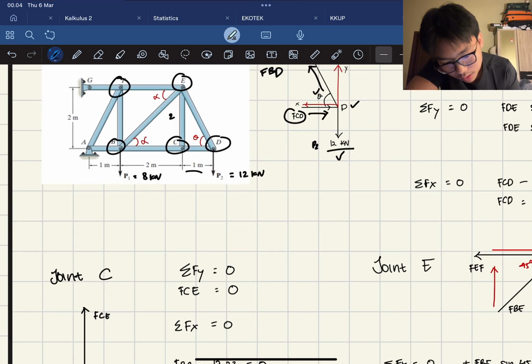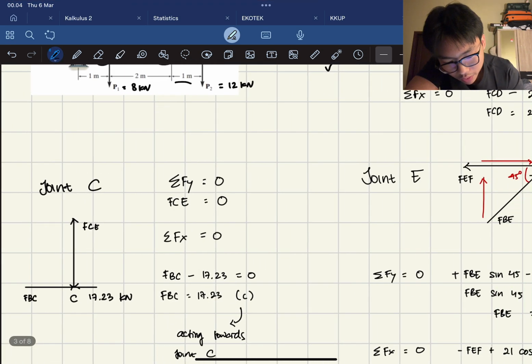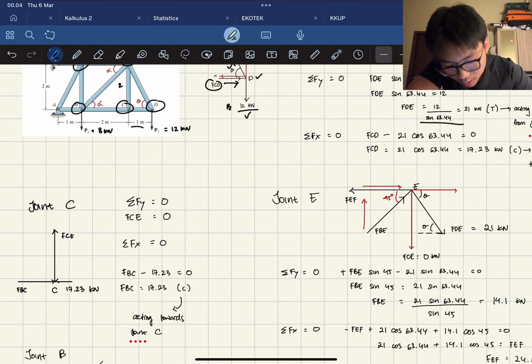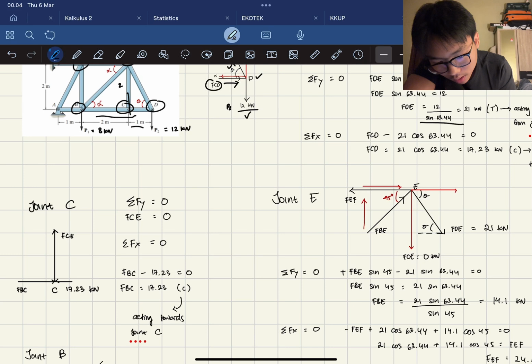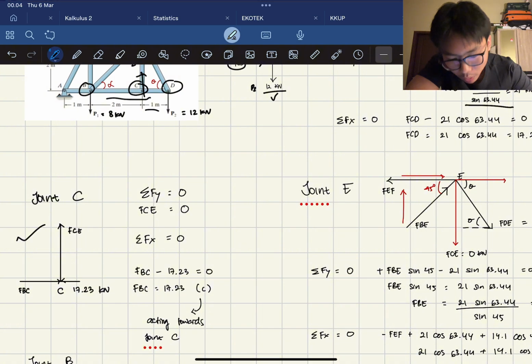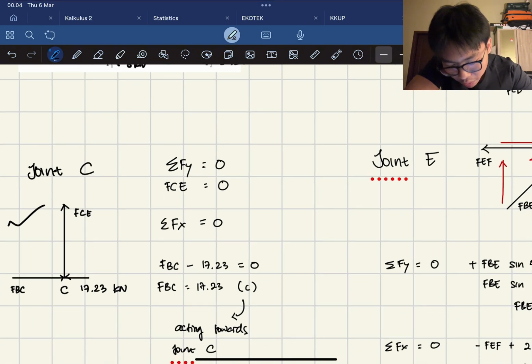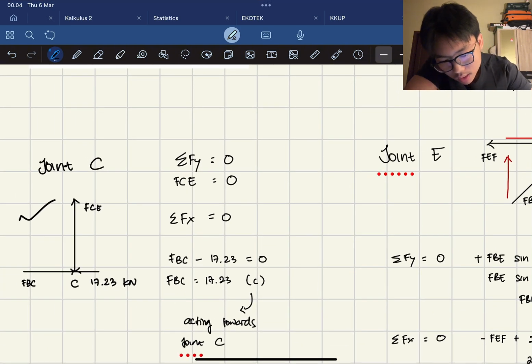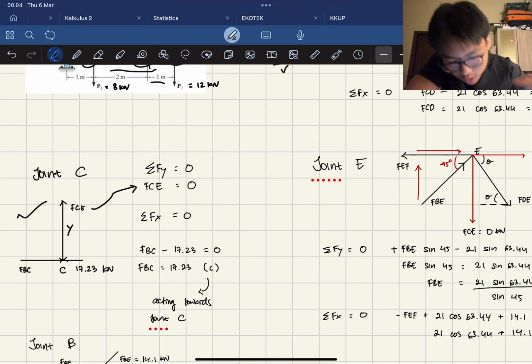Next, we got joint C. We draw the free body diagram here: this horizontal line, and then moving upwards here. Then we calculate sigma Fy equals 0. In this case, the y-axis force is FCE, which will also equal 0.